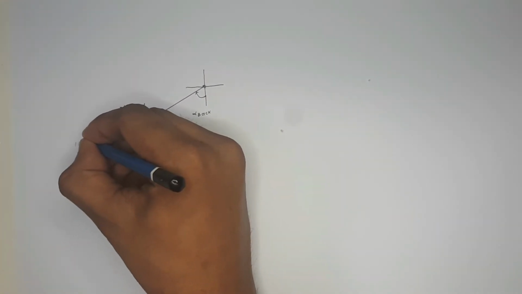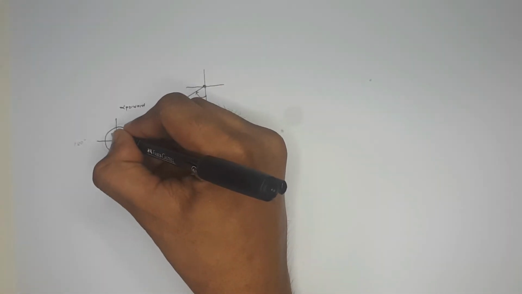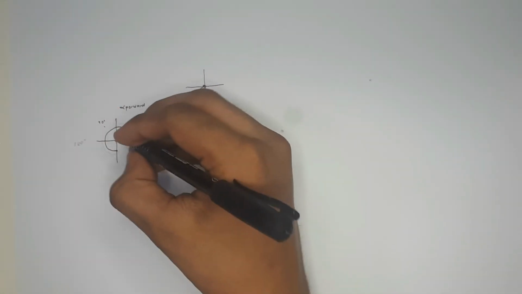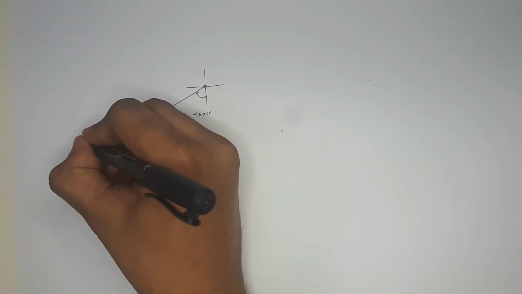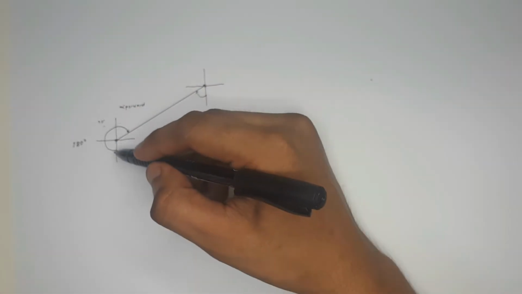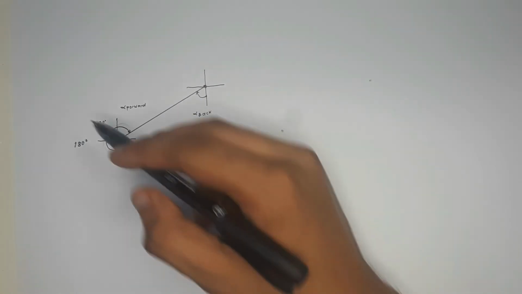So why 180 degrees? Because we have here two quadrants. One quadrant is 90 degrees. We have two, so 90 plus 90, we have 180 degrees. So take note that forward and back azimuth differ from each other by exactly 180 degrees.